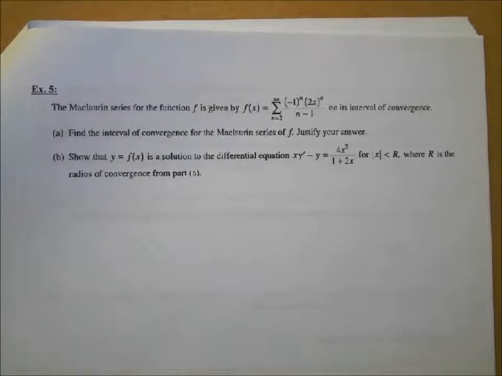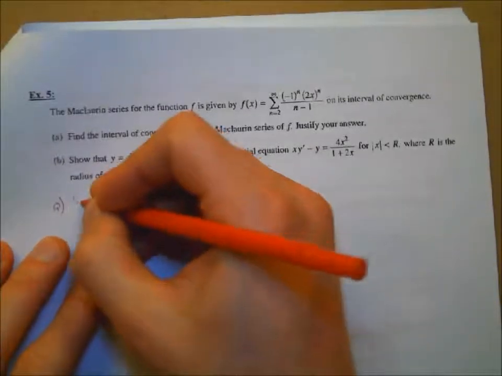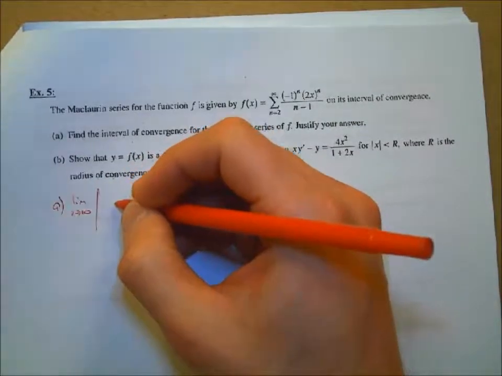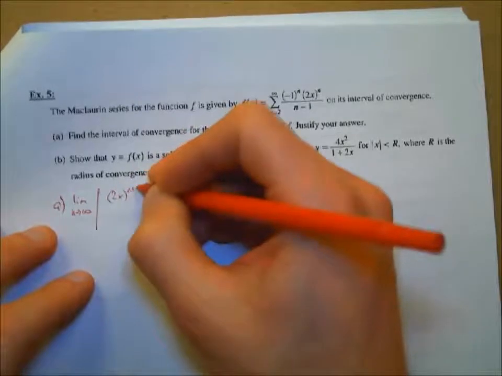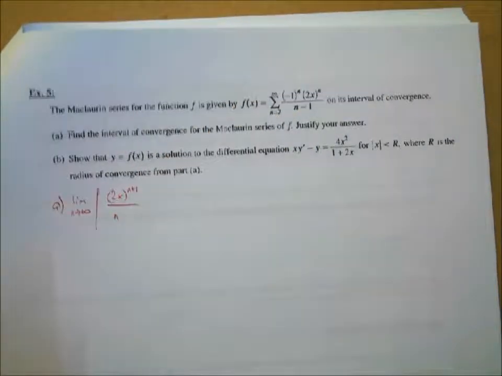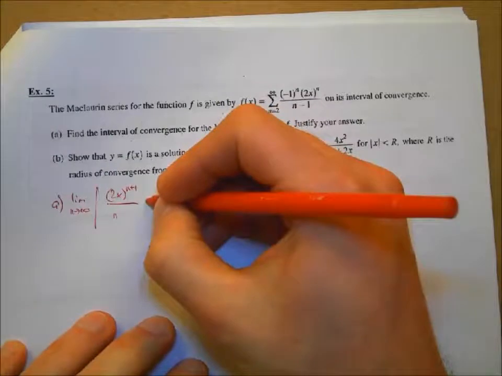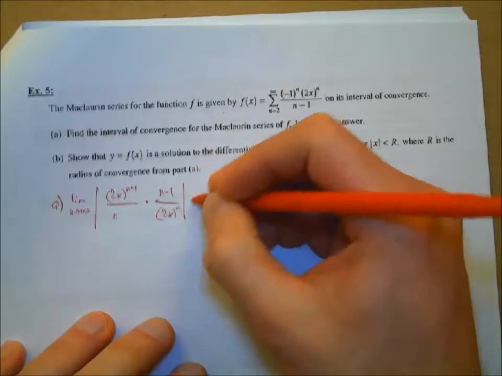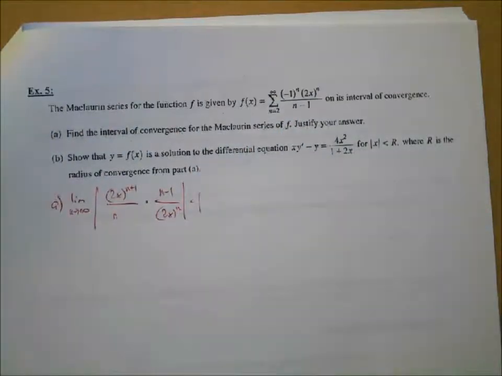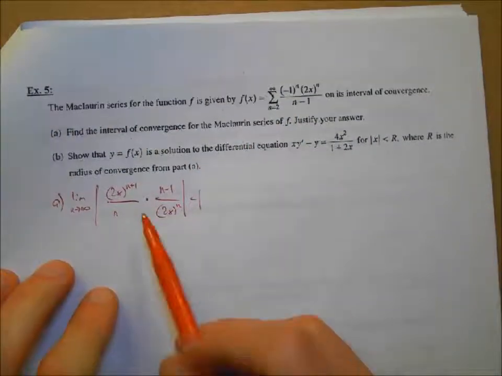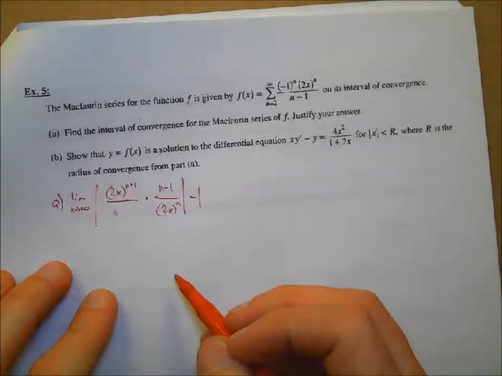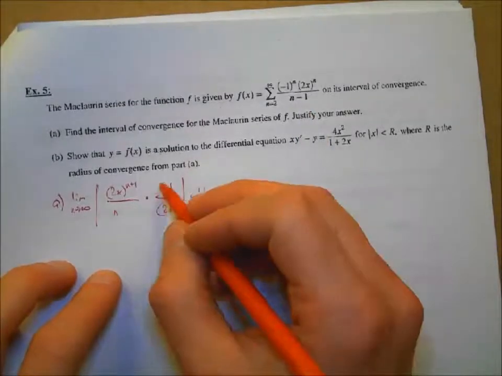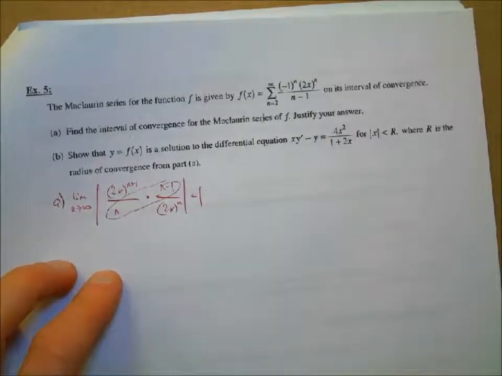So that means we have to use what to find our interval of convergence? The ratio test, right? So limit n approaches infinity here of, and again we'll do the next term. So it'll be, and I'm going to drop the alternating piece, because it's in the absolute values there. So it'll be 2x to the n plus 1 all over n times, and then n minus 1 over 2x to the n there. Okay. All right. So, wouldn't it be over n plus 1? Well, it was n minus 1, so when you add 1, it just becomes n there. So we can kind of see here, right, what's going to happen to this n and n minus 1.